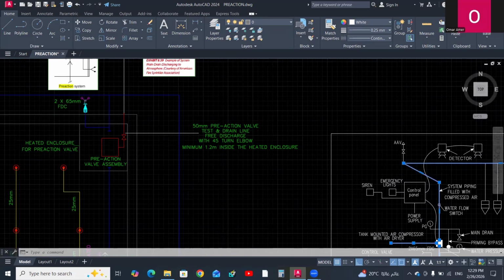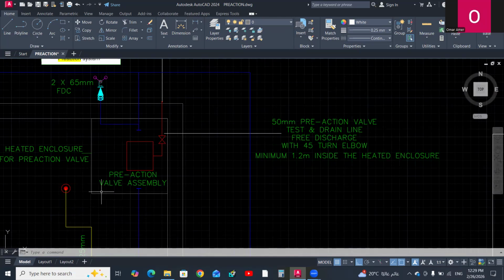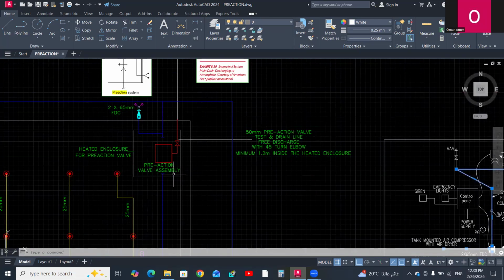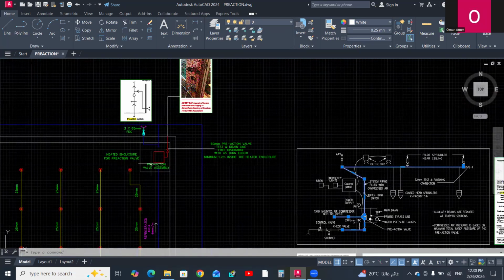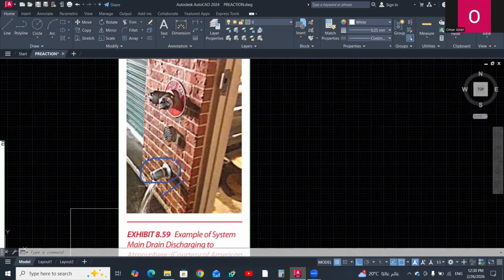By the way, you have to keep the valve enclosure heated above the freezing temperature to avoid water freezing inside the path of the pre-action valve. Here you can find the drain connection with a 45 degree turn elbow.